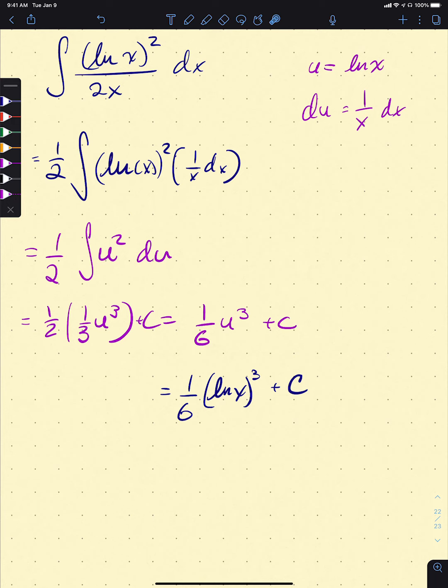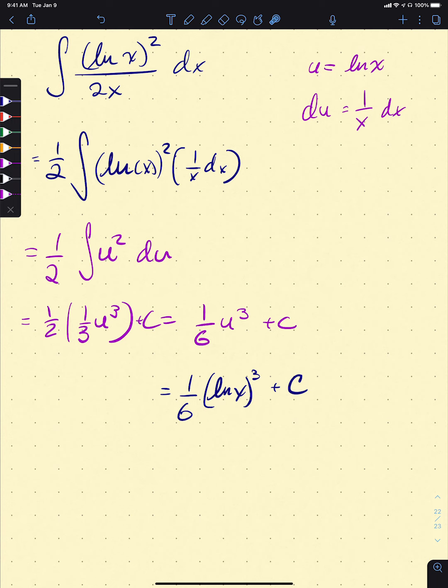And this again, u substitution is tricky because you have to be able to see this, right? And that's the thing that just comes with time and practice, right? And calculating a bunch of these integrals. Eventually you're able to see this.